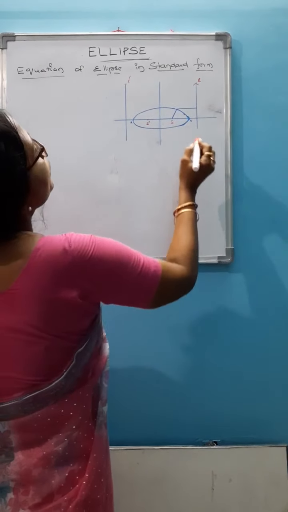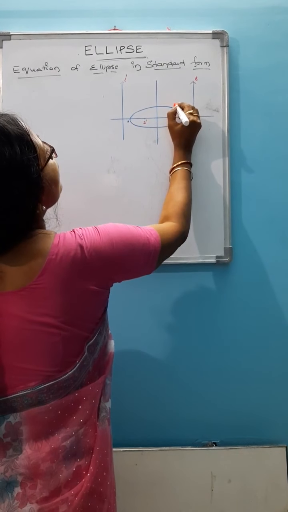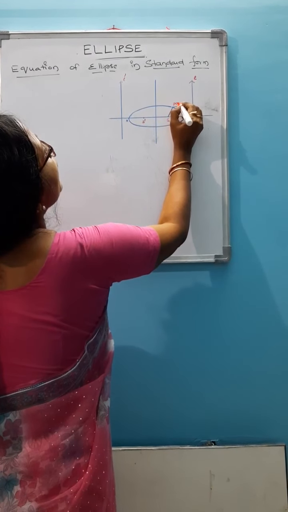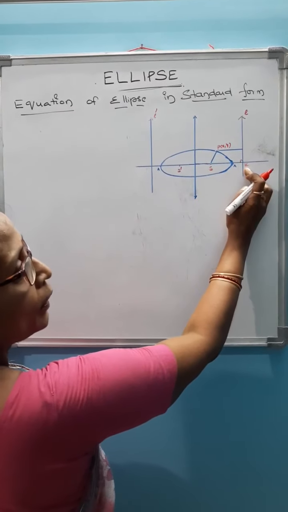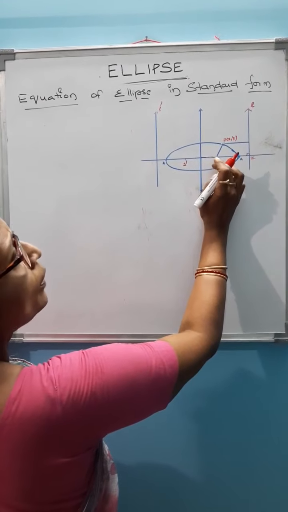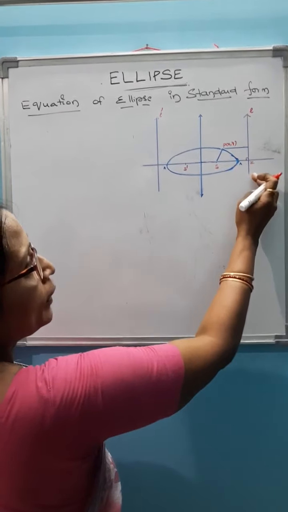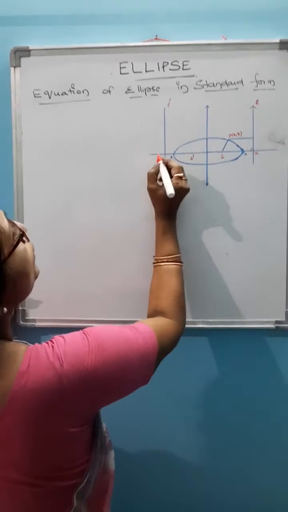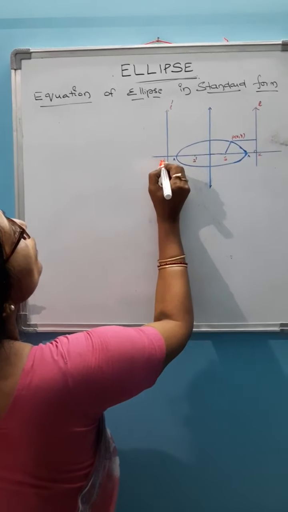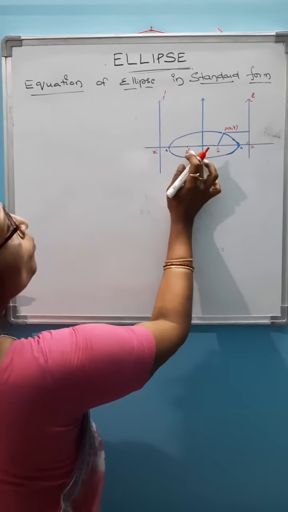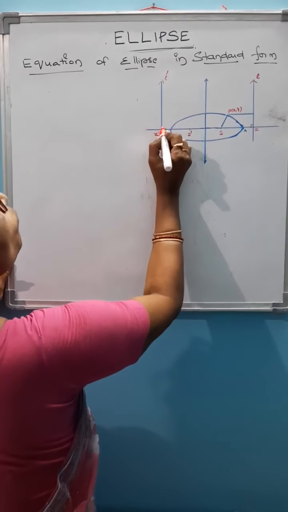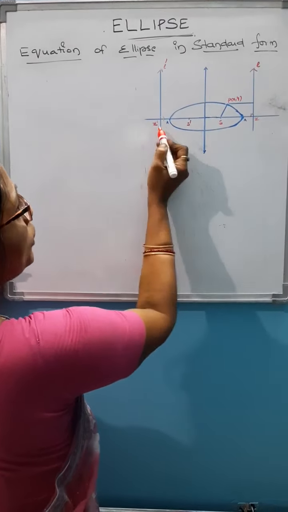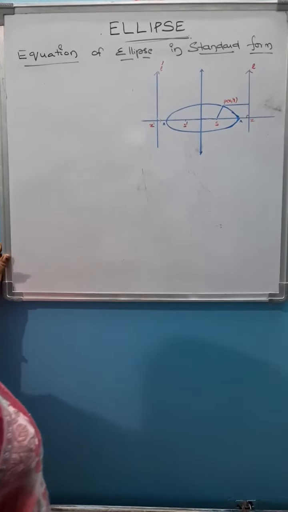Let P(x, y) be any point on the ellipse. Z is the foot of the perpendicular from S on the corresponding directrix L, and Z dash is also the foot of the perpendicular from S dash on the directrix L dash.